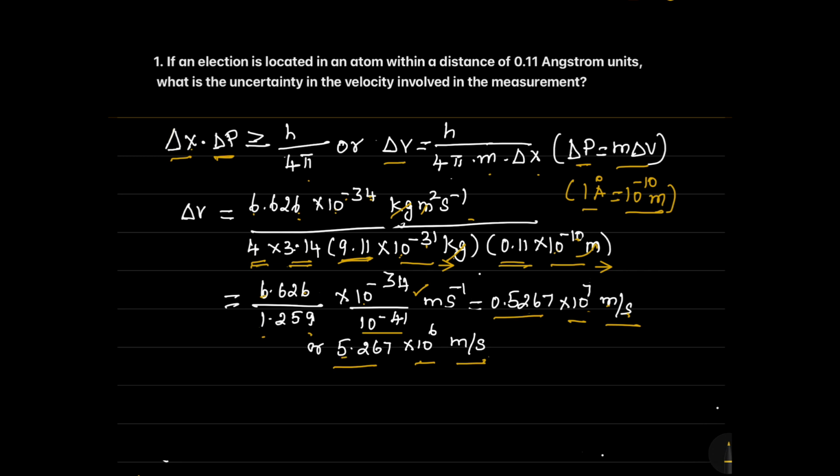That is 5.267 into 10 raised to the power of 6 meters per second for a very small uncertainty of 0.11 Angstrom units in position. Thus, the significance of Heisenberg's principle is well established here.